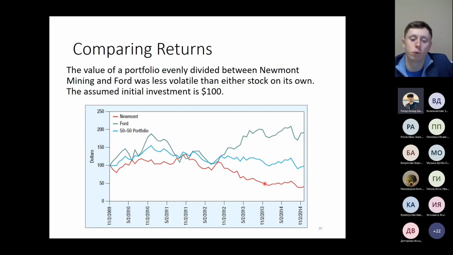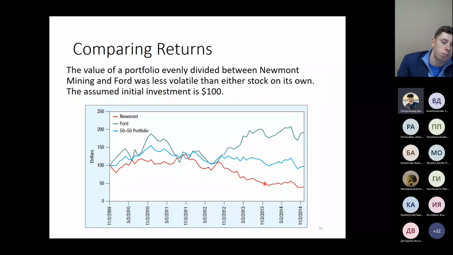And if we look at another perspective on the effect of diversification, here we have two stocks. Newmont, the gold mining firm, and Ford, which is a car manufacturer, and the blue line is the performance of the portfolio. And you see that the performance of the portfolio has way smaller volatility.